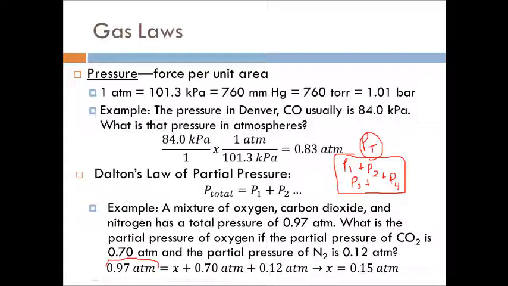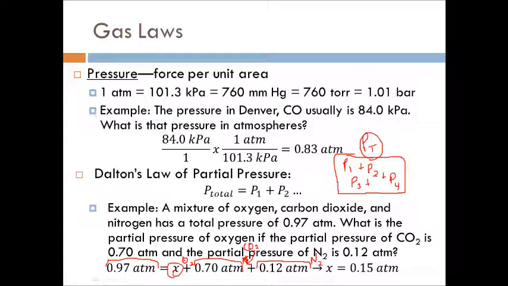We set it equal to X, which is what we're solving for, the partial pressure of oxygen here, plus the partial pressure of CO2, and nitrogen.